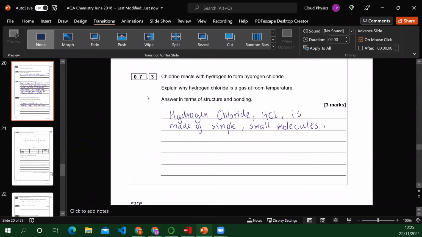So hydrogen chloride has weak intermolecular forces, which do not need much energy to overcome.